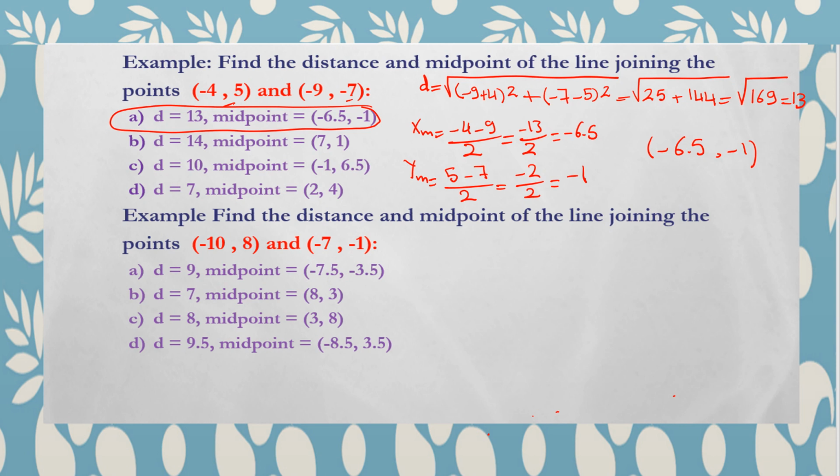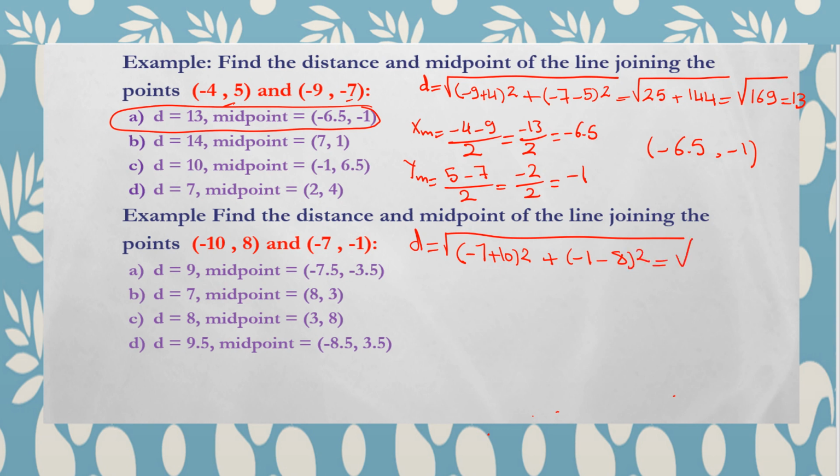Again, find the distance and the midpoint between the 2 points (-1, 8) and (-7, -1). So D equals the square root of (-7 minus -10), which equals 10, squared, plus (-1 minus 8) squared.